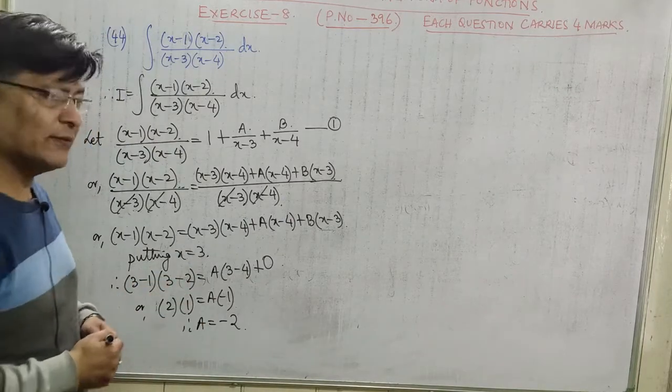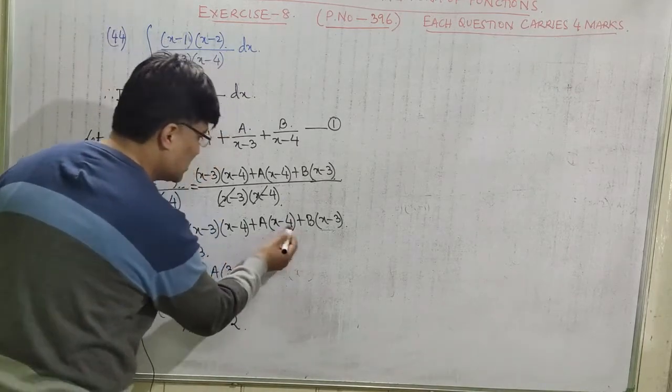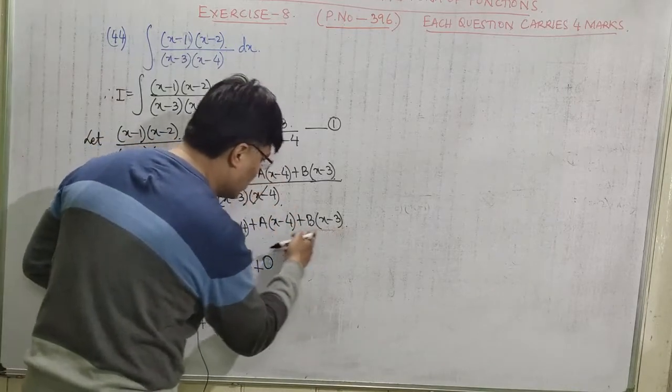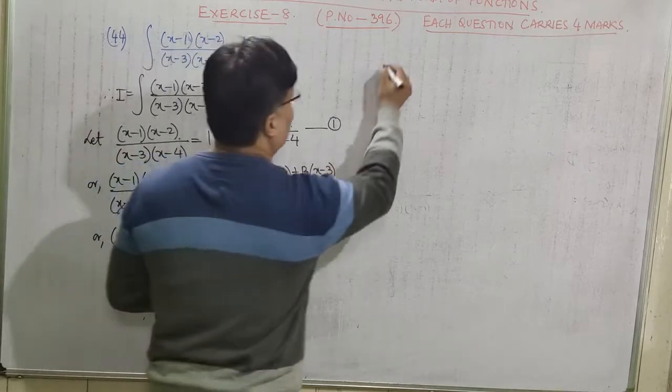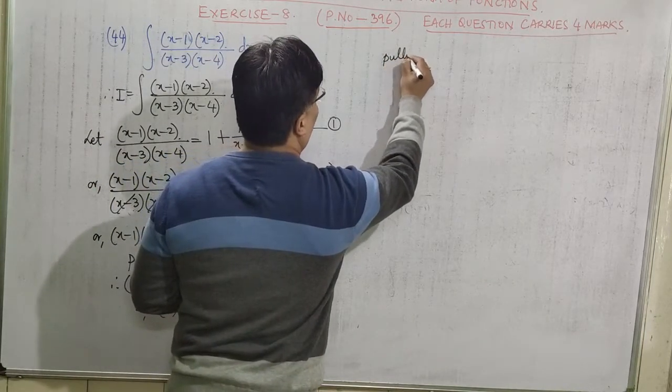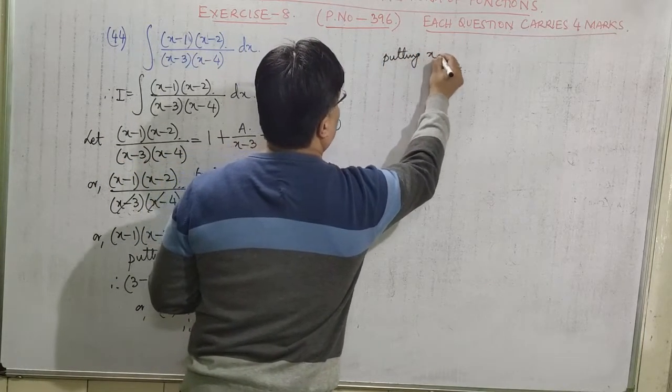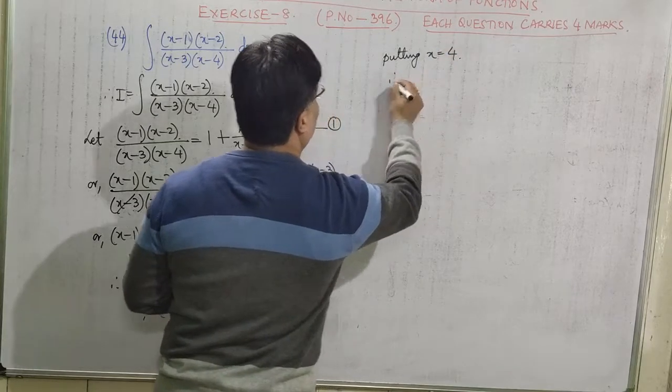So let us get the value for b by putting x is equal to 4. In order to get the value for b, you should make this second term 0, so by putting x is equal to 4. Putting x is equal to 4, what do we get?